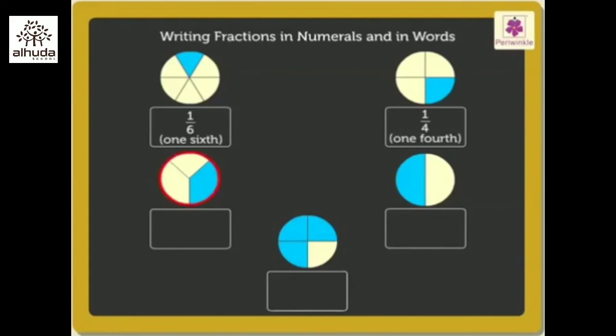For this figure, it is written as 1/3 in numerals, and as one third in words. Here it is written as 1 over 2, and as half in words. Here the fraction is written as 3/4, and in words as three fourths.